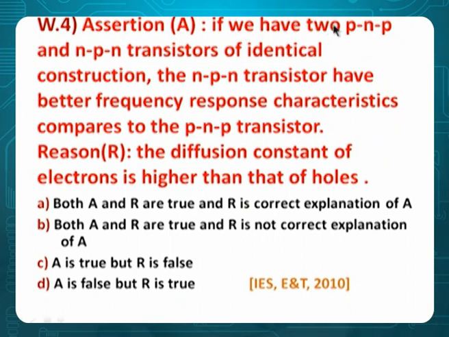Question number 4. Assertion: if we have two PNP and NPN transistors of identical construction, the NPN transistor has better frequency response characteristics compared to the PNP transistor. Why?